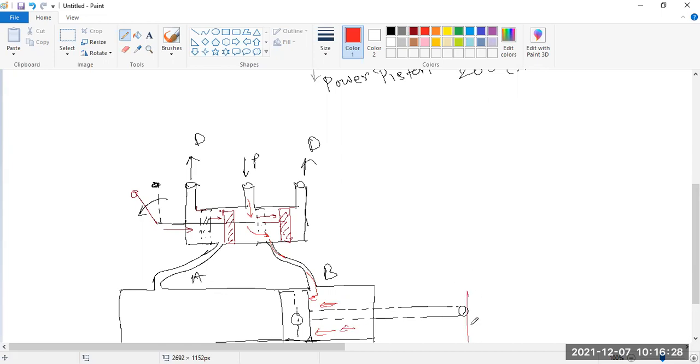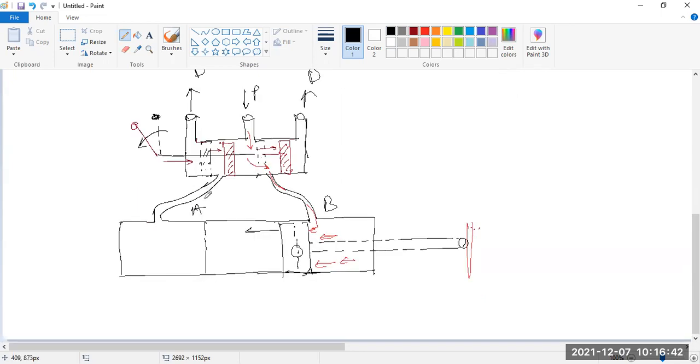Your initial position is here. Whenever it pushes, your piston is coming in this side.